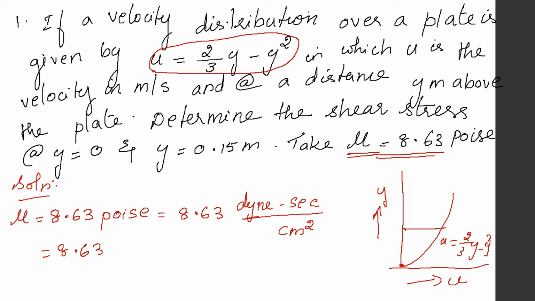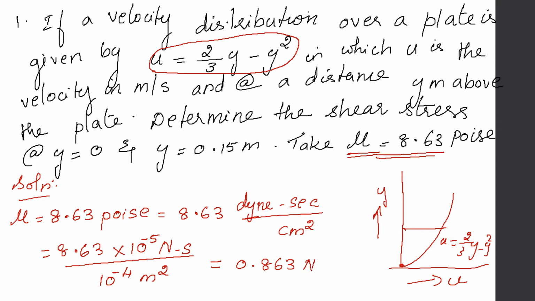Converting dyne to Newton, we multiply 8.63 by 10 raised to minus 5, so we get Newton second per centimeter square. We convert it into meter square using 10 raised to minus 4 meter square. So we get 0.863 Newton second per meter square.